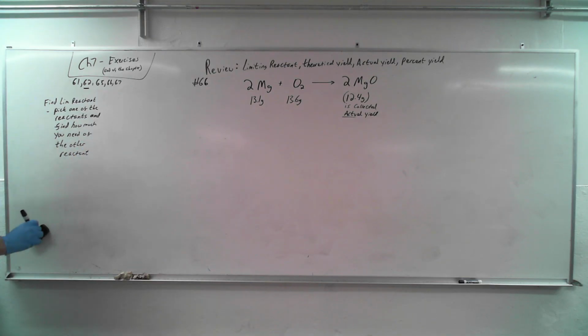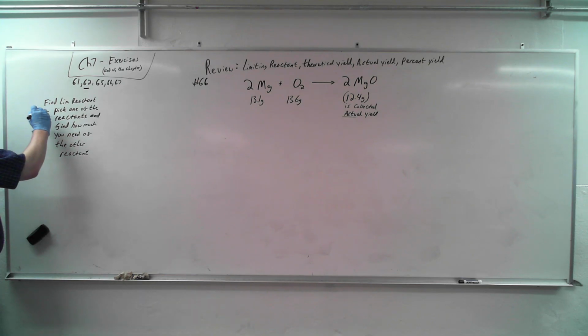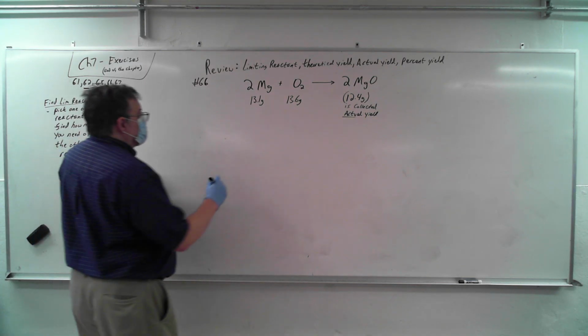So if you wanted a list of steps, first thing you can do is find the limiting reactant. To do that, pick one of the reactants and then go through that walk to find out how much of the other reactant you need.